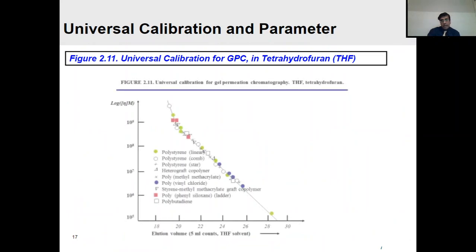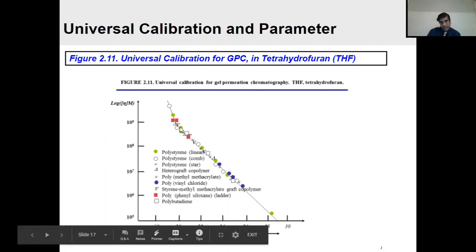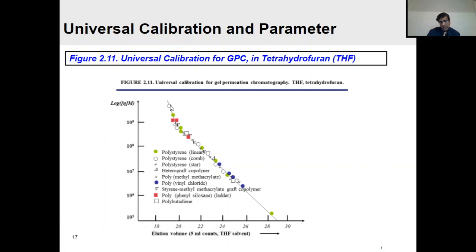This is the picture you can see here. This is pretty much a straight line, but you see an upward turn in the higher molecular weight range. The reason is exactly the same as I told you before. There is an upper limit, meaning that after a certain point, all the molecular sizes are completely excluded. So this is the upper limit.